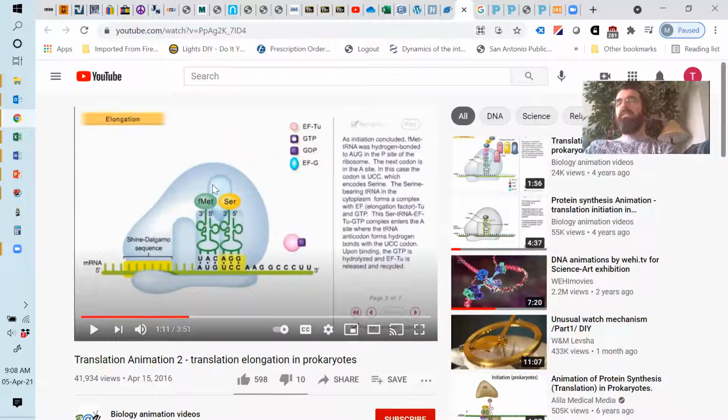So once these are together, now we have a tRNA in the P site, the peptidyl transferase site, and a tRNA in the A site, the access site, both with amino acids attached to them. And so the very first step is to cut this first amino acid off, right? And that's carried out by the ribosome, if you remember the catalytic RNA in the peptidyl transferase.